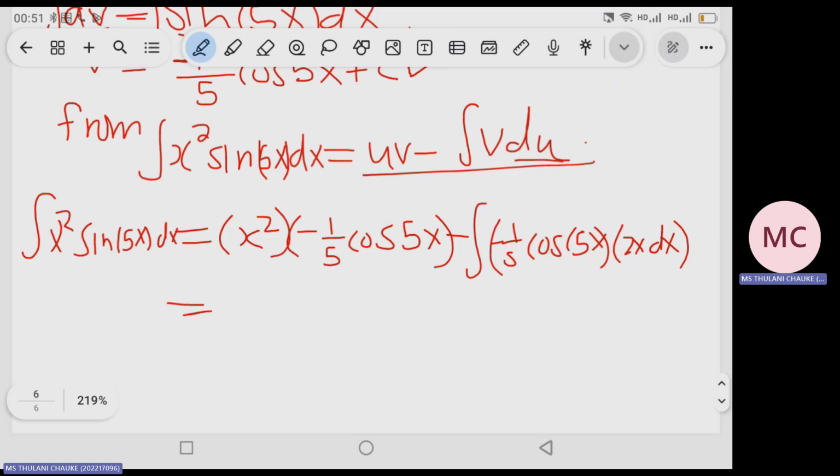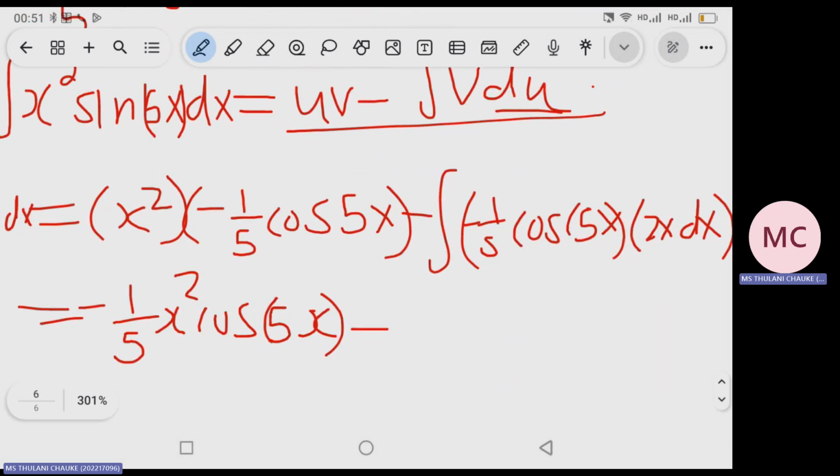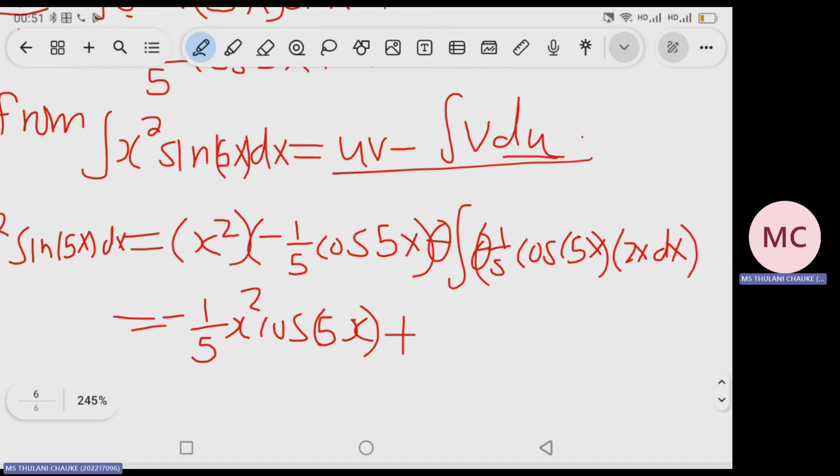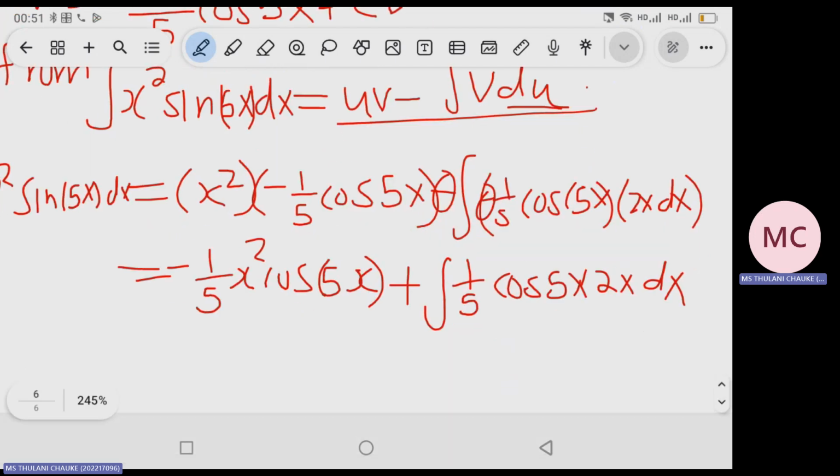So we know that this will be negative 1 over 5 x squared cosine 5x minus, and then the minus and this minus, they will cancel. They will give us positive, right? Now we'll be left with the integral of 1 over 5 cosine 5x 2x dx.